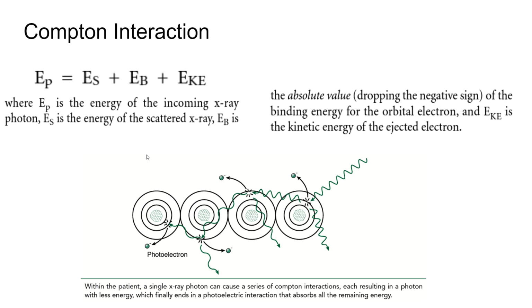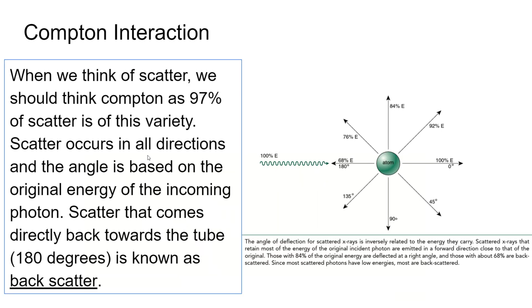So we said that this photon loses a little energy, also ionizes the atoms, but this is the one that comes out of you. And it can come out, when I say you, I mean the patient, because you happen to be the patient. It can come out in all sorts of directions.